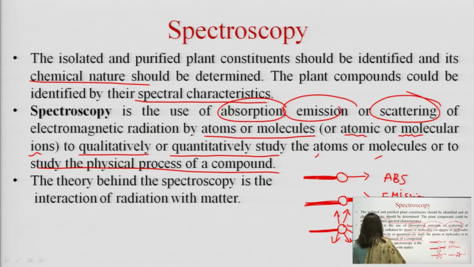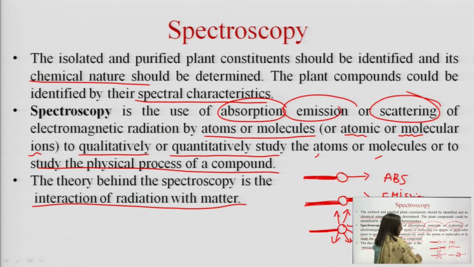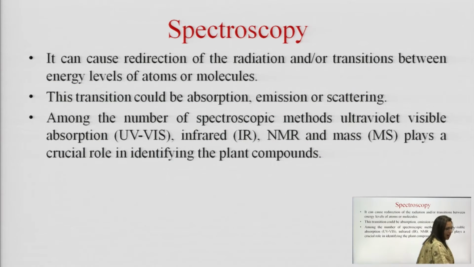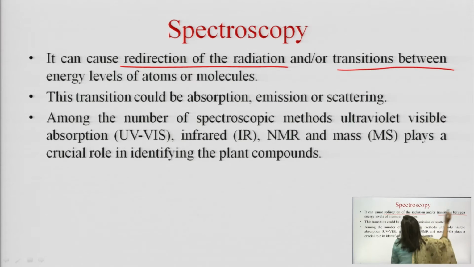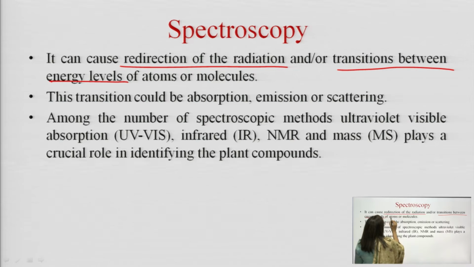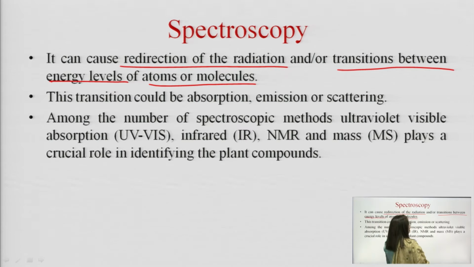So, the theory behind the spectroscopy is mainly the interaction of radiation with the matter and its effect. It can cause either redirection of the radiation or transition between the energy levels of the atoms or molecules.